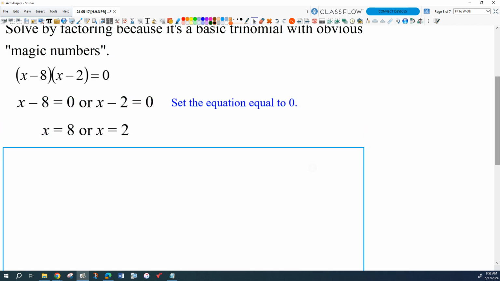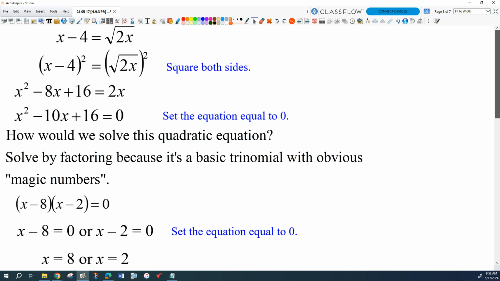8 or 2? 2's not going to work, right? If we check those in the original equation, 2's not going to work. How come? Can you tell right away? Look, I'm going to get a square root equal to a negative number. So we have to get rid of 2. That one's extraneous. 8 would work though, wouldn't it? 8 minus 4 is 4.